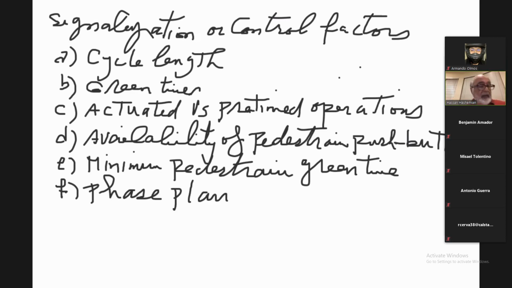Okay, those are the things that we need to look at, what we call signalization and control factors.